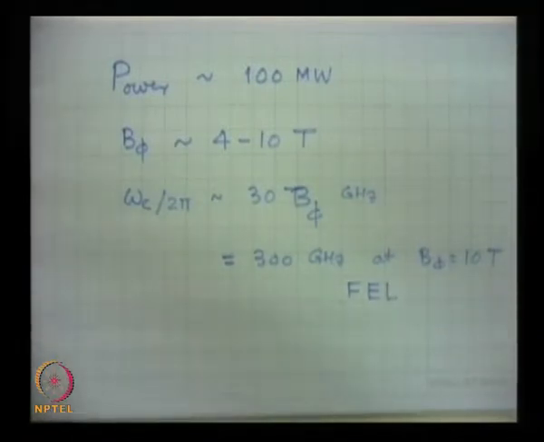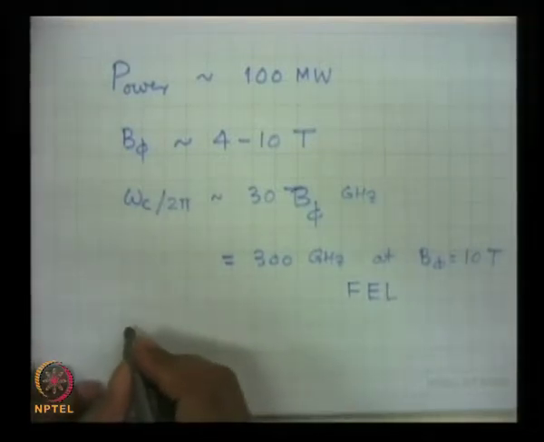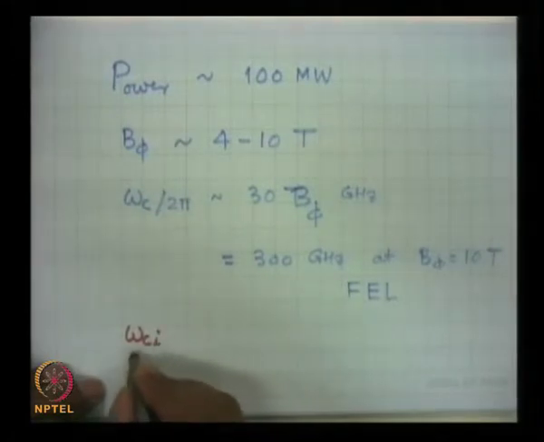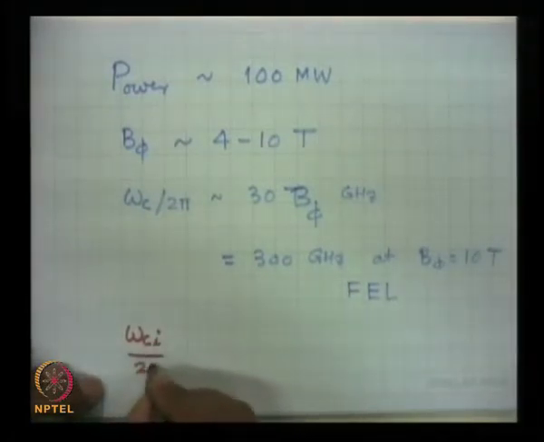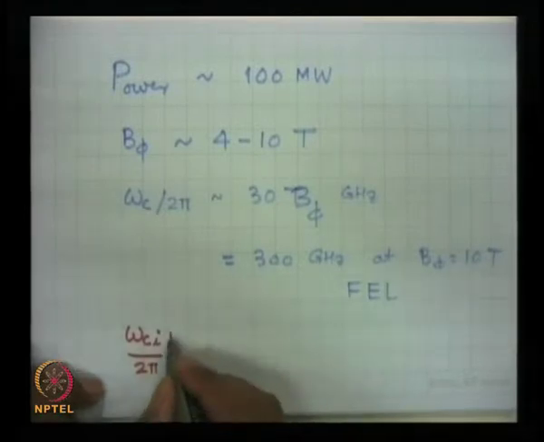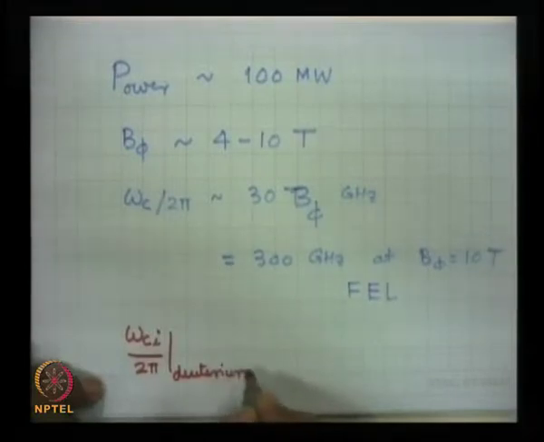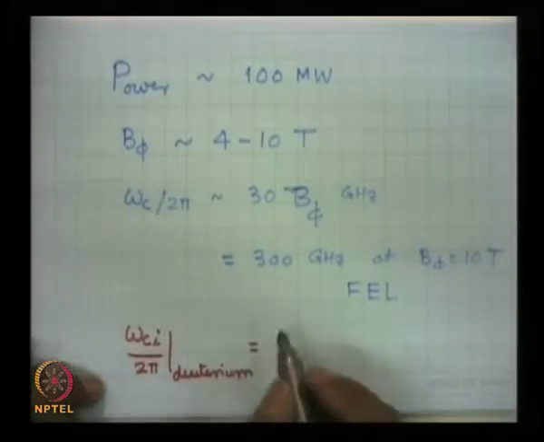However, if you are interested in heating the ions via ion cyclotron resonance, then the ion cyclotron frequency... there are two kinds of ions in a tokamak, deuterium and tritium. Suppose I want it for deuterium, then this quantity would be smaller by the mass ratio.